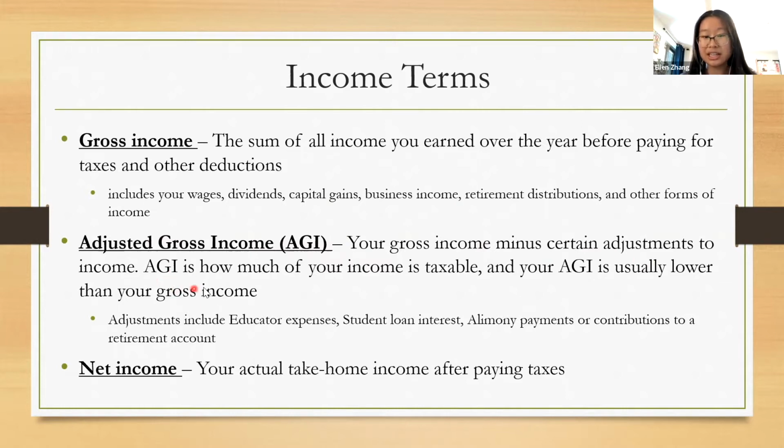Your AGI is how much of your income is taxable, and it's usually lower than your gross income. So some adjustments that may be made to your gross income to make it your AGI include educator expenses, student loan interest deductions, and other contributions through retirement accounts. Then finally, your net income is your actual take-home income after you pay taxes. So this is the actual amount of income that you use throughout the year after taxes.